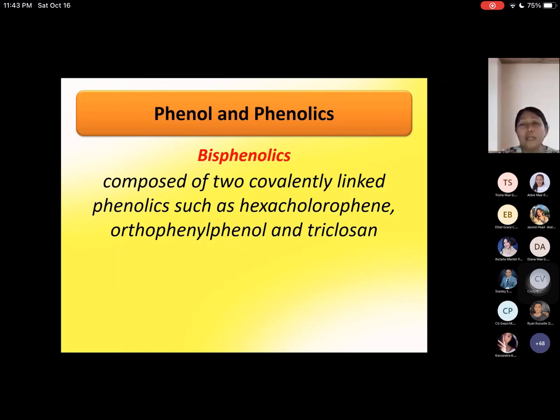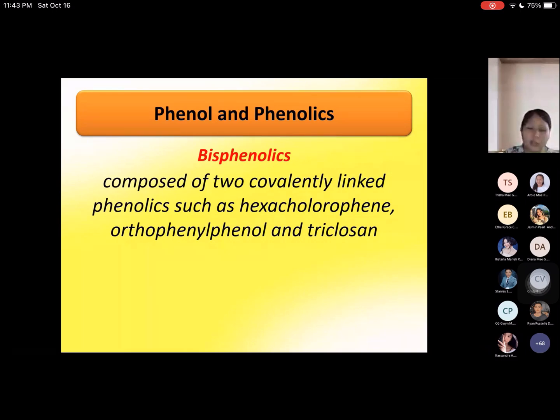But if there is no triclosan, I happened to see one of the products of Watsons, it says no triclosan. So meaning to say, it has no antibacterial activity. It only cleanses, it only has a germicidal effect, whatever is present, it can slash off whatever germs are present, but it has no antibacterial activity.